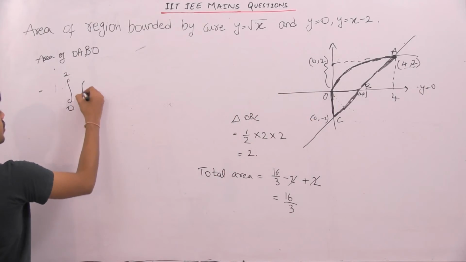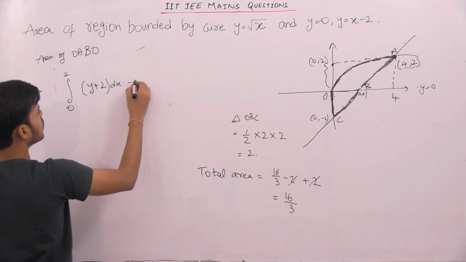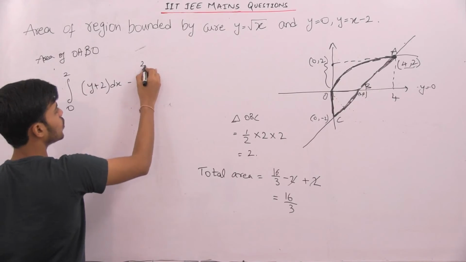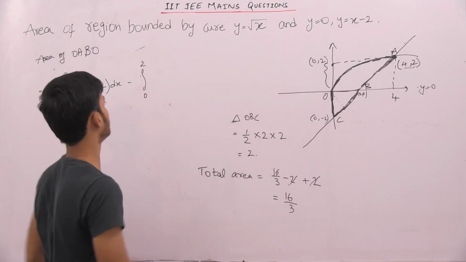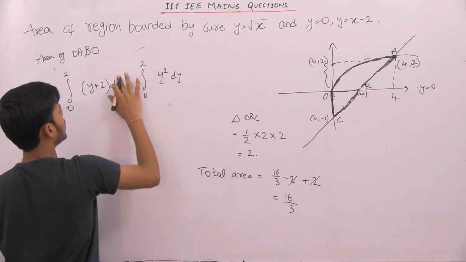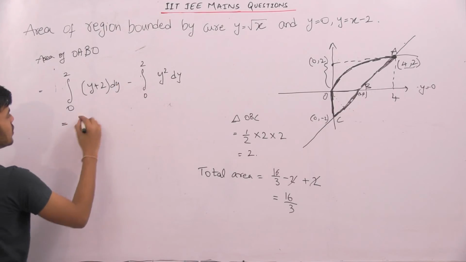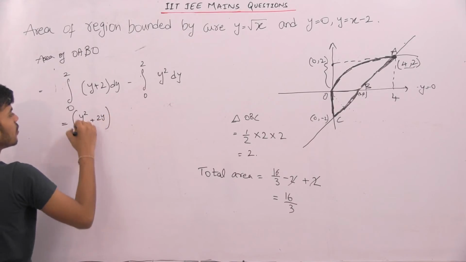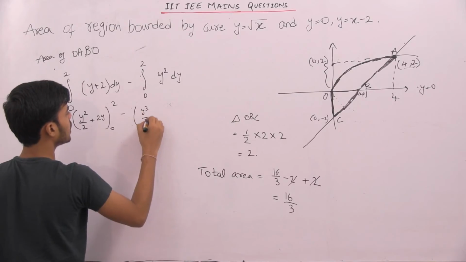First the line, which is y plus 2 dy, minus the integral from 0 to 2 of the curve, x equals y square, dy.